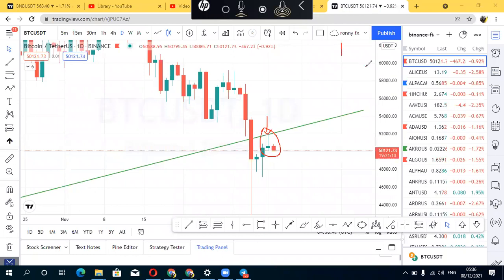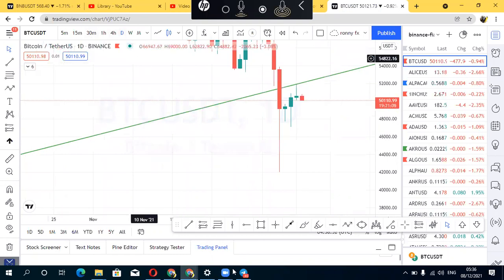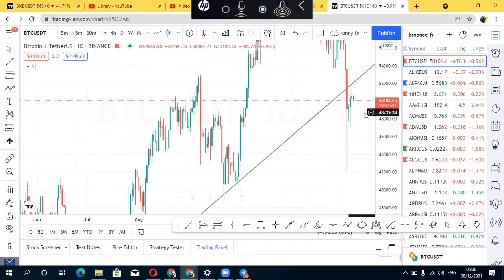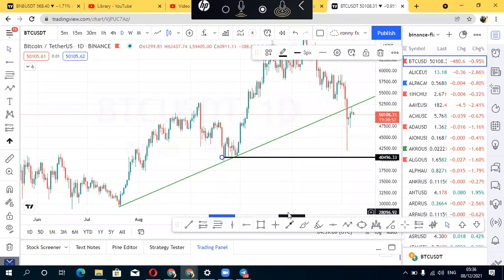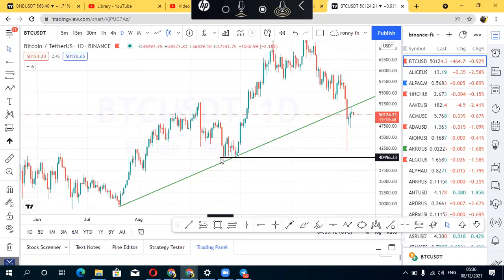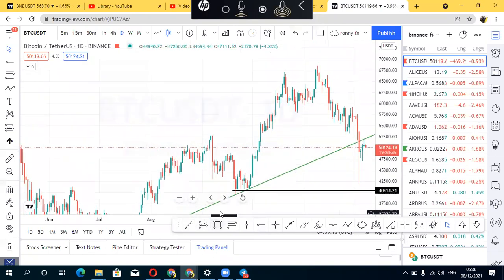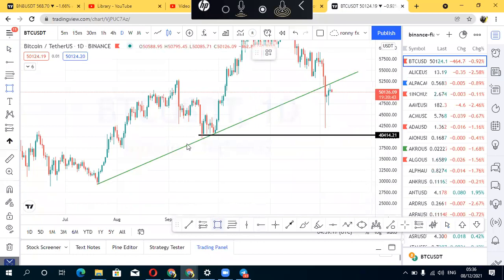So, I will still use a scenario where you can see how support and resistance actually came into play. And as I explained to you, if I draw a horizontal support and resistance zone at this structure, you're going to realize that, because support and resistance are not lines, they are zones.